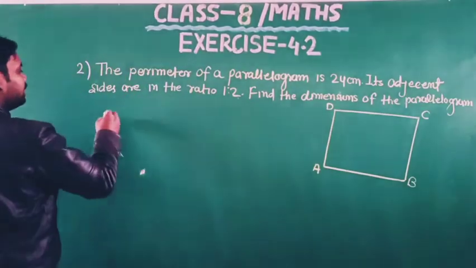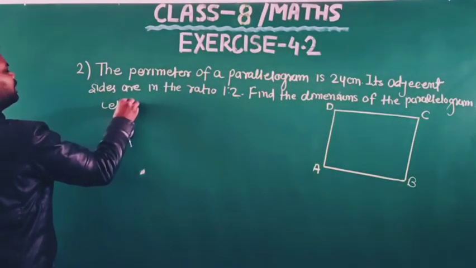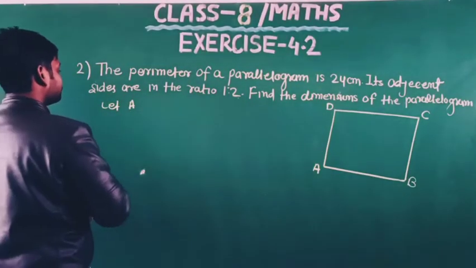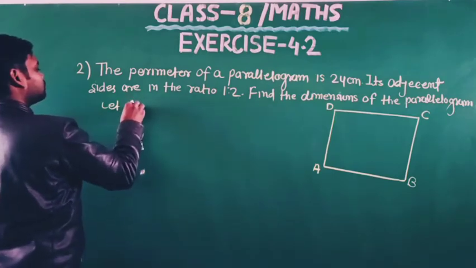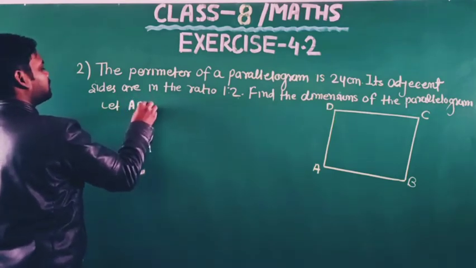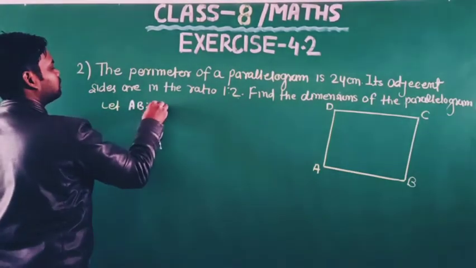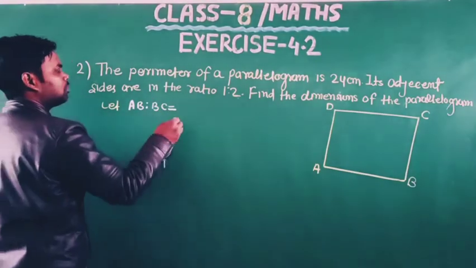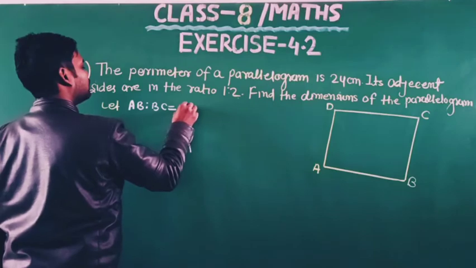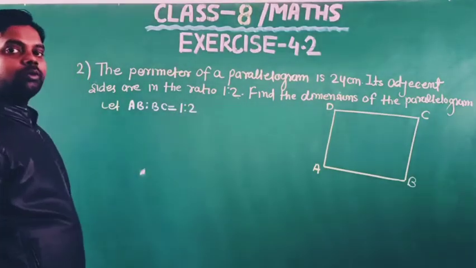The ratio of adjacent sides AB and BC is 1:2.